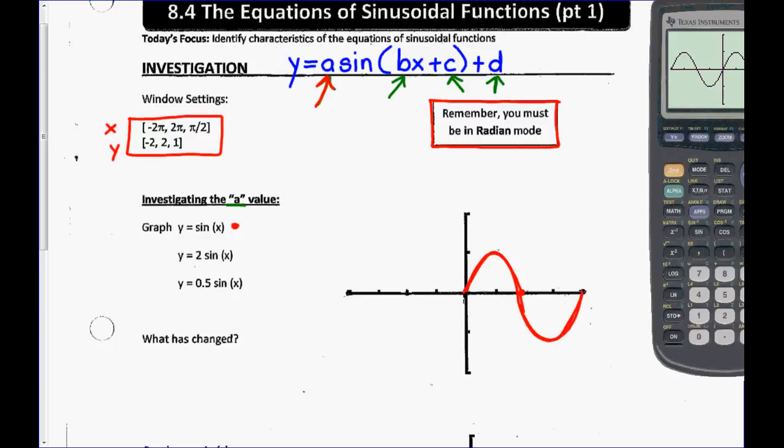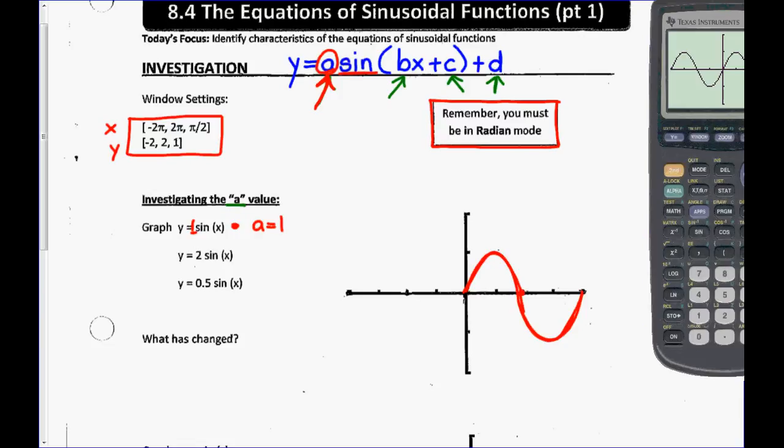Okay. So I'm going to just put some basic information here. I notice that my a, in this case, what is the value of a in this basic sine function? A is this number that I'm multiplying in front of, like y equals something sine x. Well, in this case, my a is really 1, right?